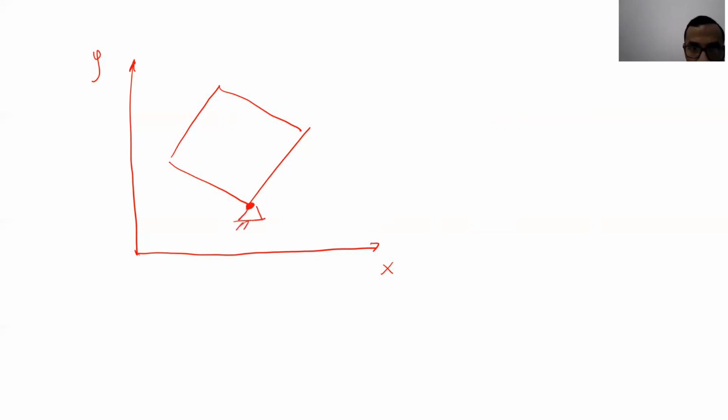Then there is a force F1 equal to 10 Newton, and there is another force F2, which is not known yet, and you are asked to solve for the value of F2. So this is one example of the problem.